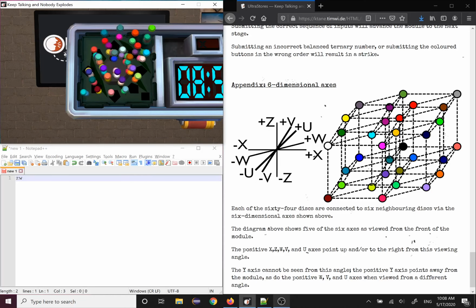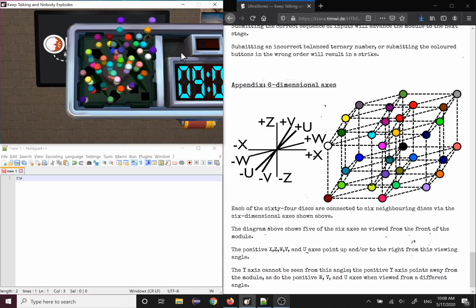Now the y-axis is nice on Twitch Plays KTANE, because you almost don't see half of the dots that make up the half of the y-axis, which means that you can just see which dots go under where, kind of disappear, and check from there what rotation is what.